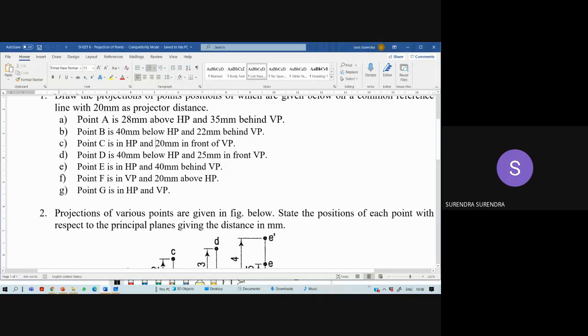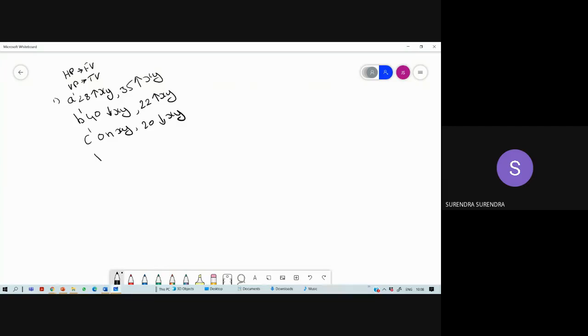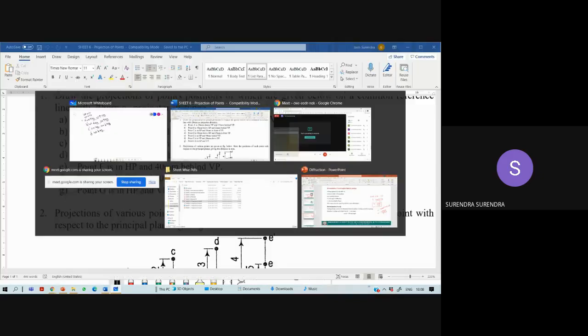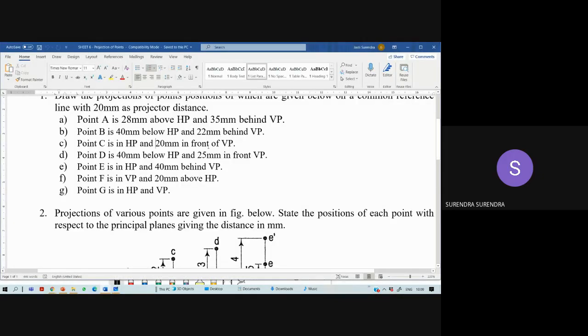Point D, 40 mm below HP. So below HP, front view. So front view means D dash. D dash is 40 mm below XY, and top view. Top view is represented with D. So top view from vertical plane relations.